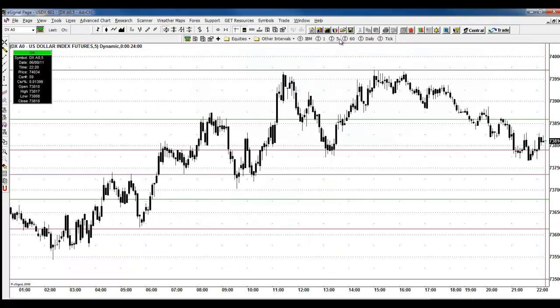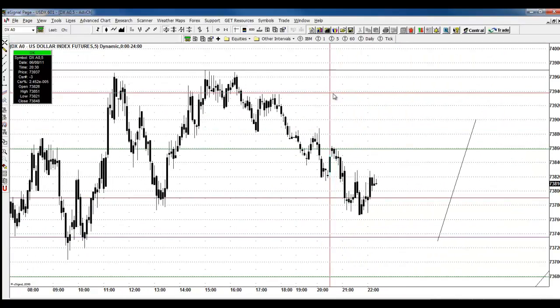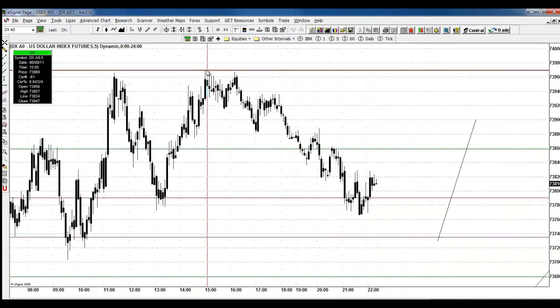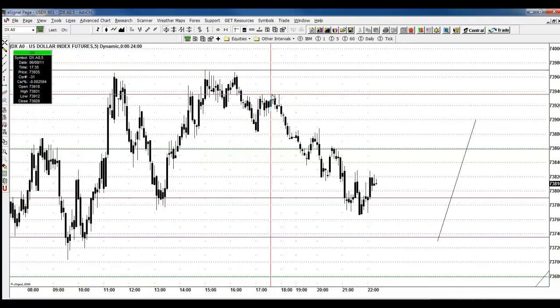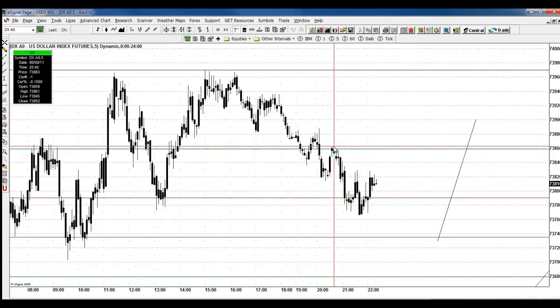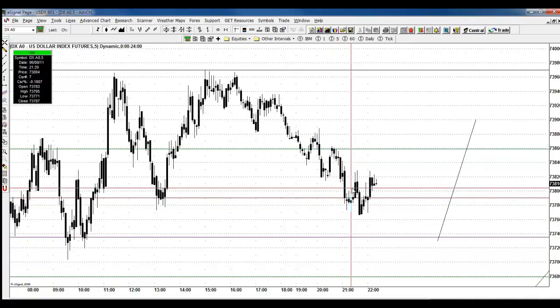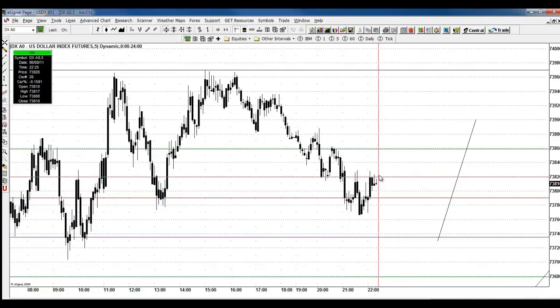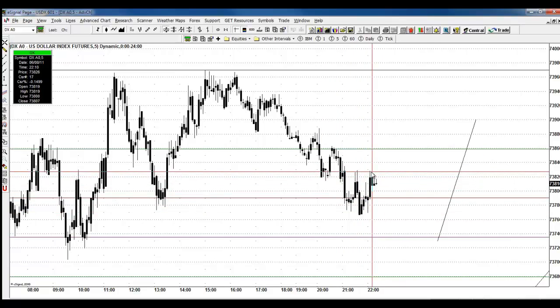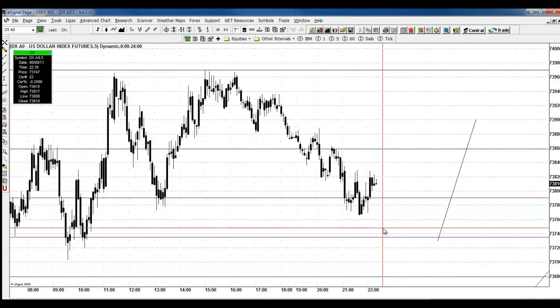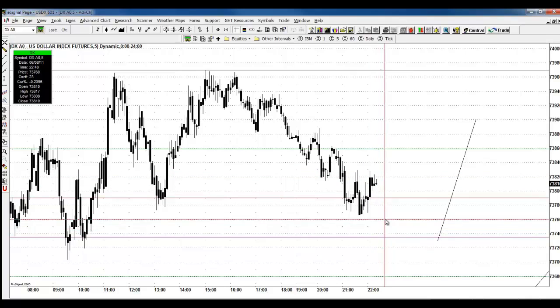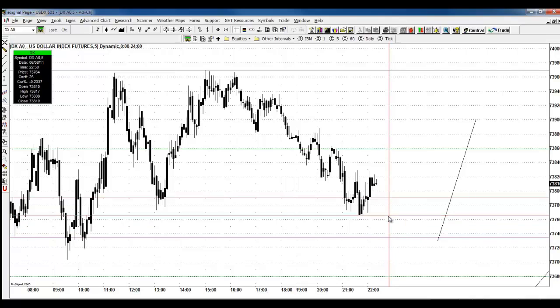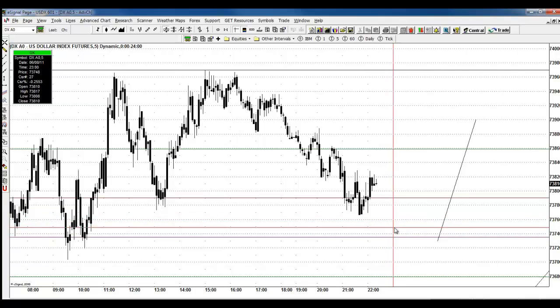So let's take a look now at the 5-minute chart. So far you see 1, 2, 3, 4, 5, 6, 7, 8, 9, 10, 11, and we are in the 12th wave right here. If it makes 13, it's impossible. So you need to count a number that goes 15, 19, or 23.